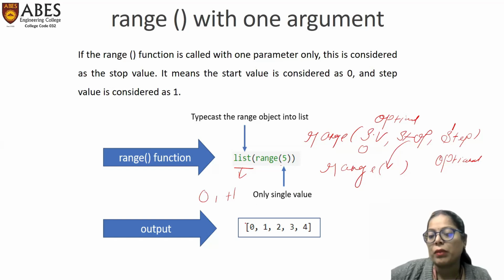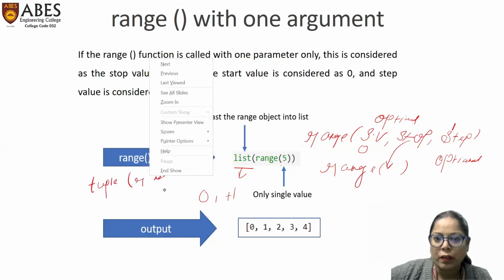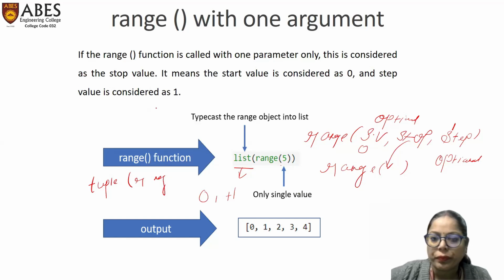And this will be list data type, and a list is written in square brackets. If we had written tuple instead of list, tuple range 5, what would happen?